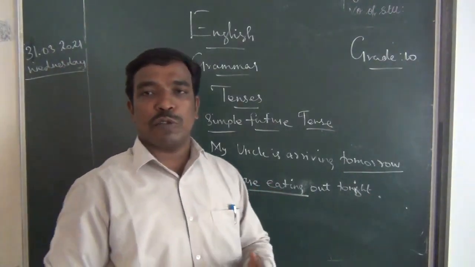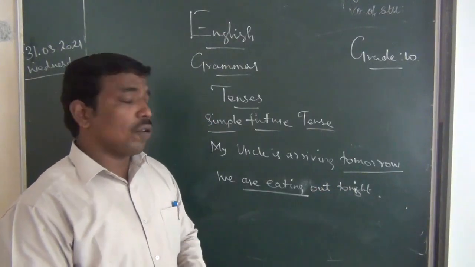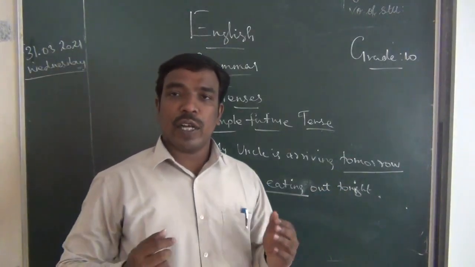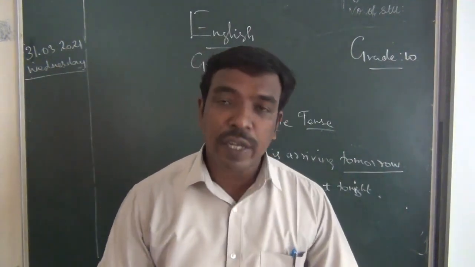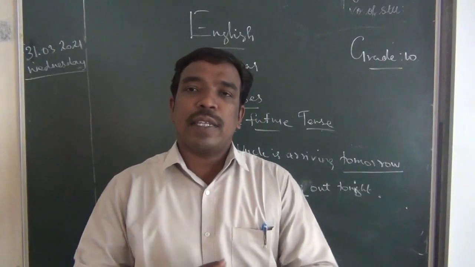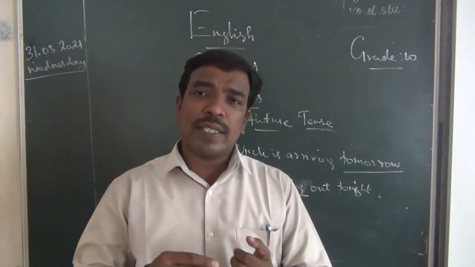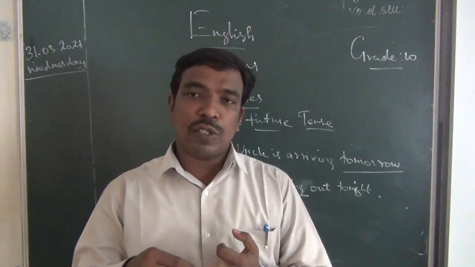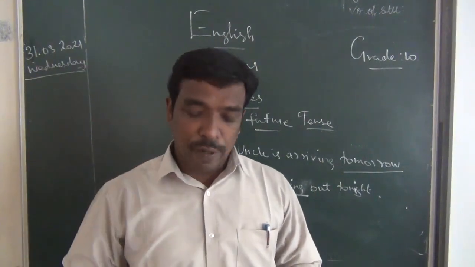So this is future reference; today night we are going out. For this future reference we can use present continuous also, but it is for personal arrangements. So for future reference, there are different ways: one is will or shall form, the next is simple present tense, and present continuous also.